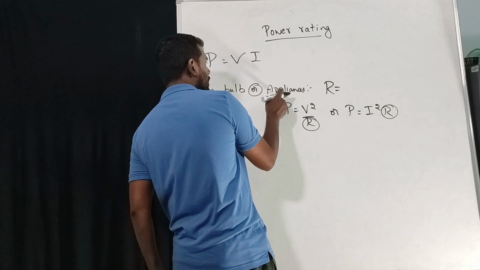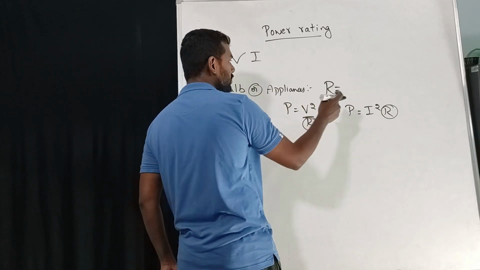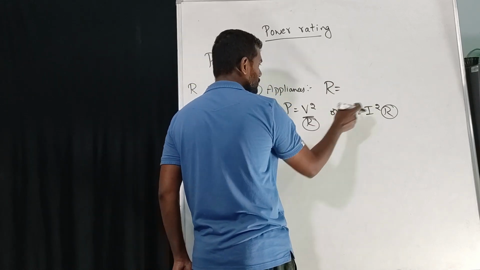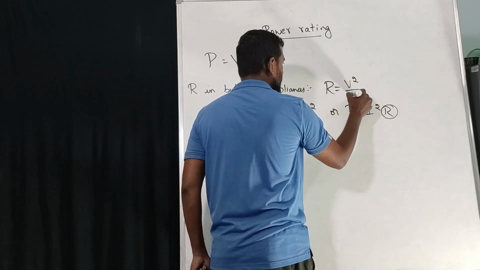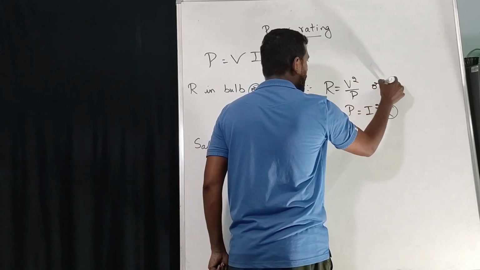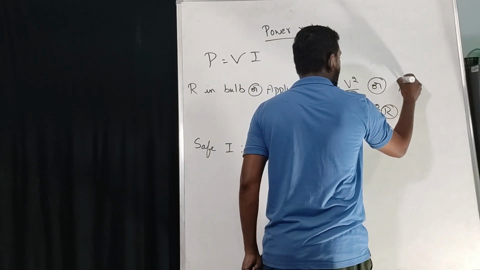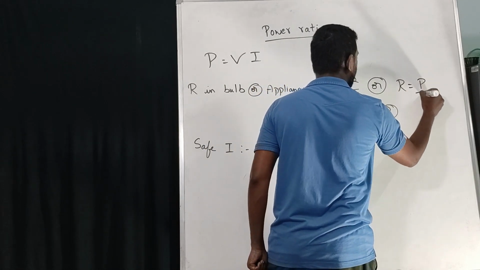So resistance in the bulb or appliances using the power value can be found using these. R is equal to V square by P, or R is equal to P by I square.